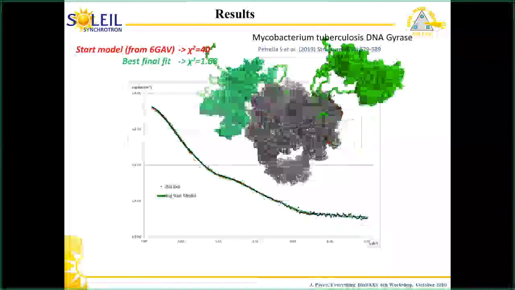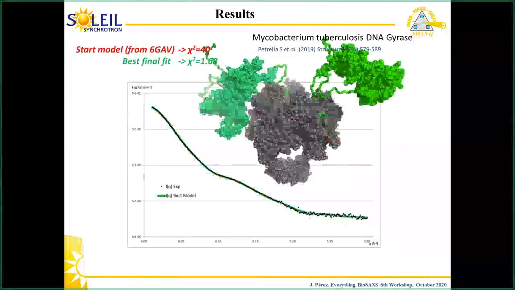This is a collaboration with the Pasteur Institute in Paris, with the DNA gyrase, which is made of 3 domains, and in the crystal structure, the 3 domains make a single globular conformation. But the actual SAXS curve is the black one, and you can see that the initial model in red doesn't fit the curve at all.